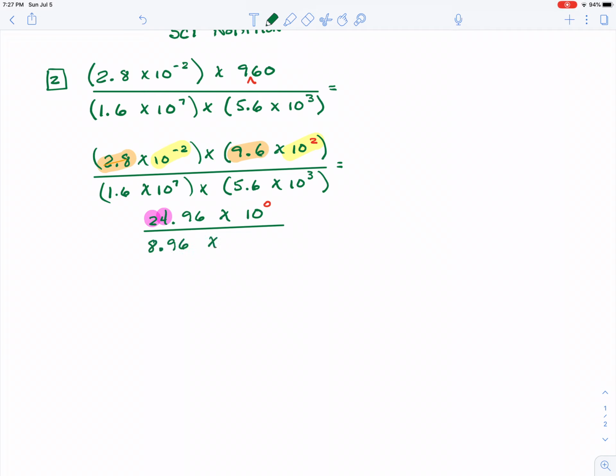And then I'm looking at the bases, base 10 to the 7th and base 10 to the 3rd is base 10 to the 10th. All right, so now I'm going to take these two numbers, the 24.96, and divide it by the 8.96.